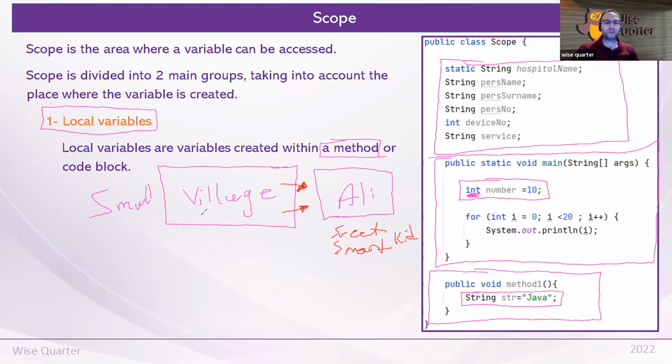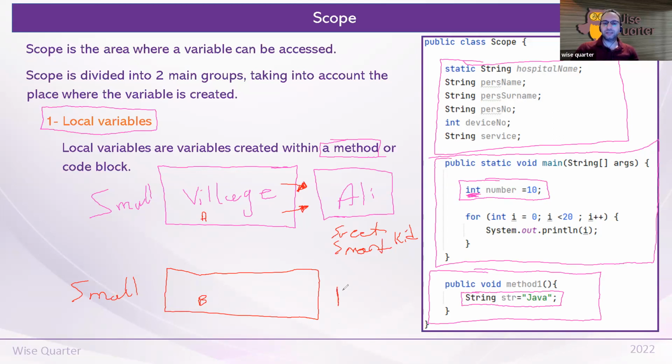The small village's name is village A. But let's say we have another village. This is village B. It's also small. In this village, if you ask somebody, do you know the kid named Ali?